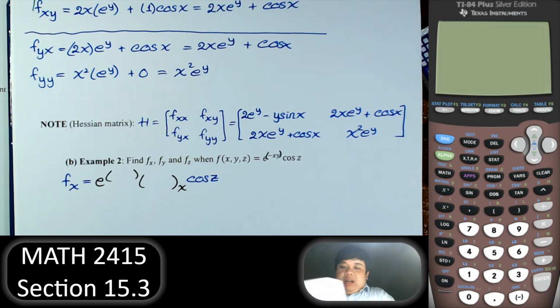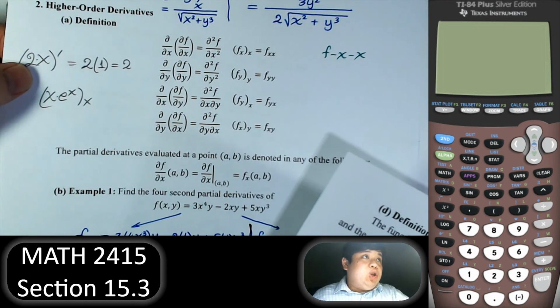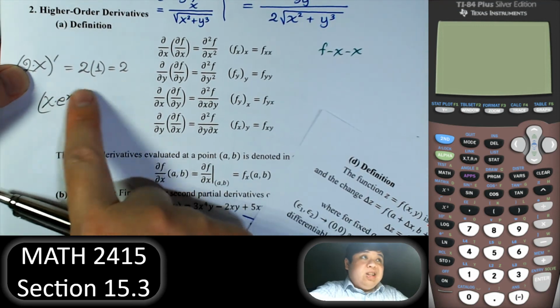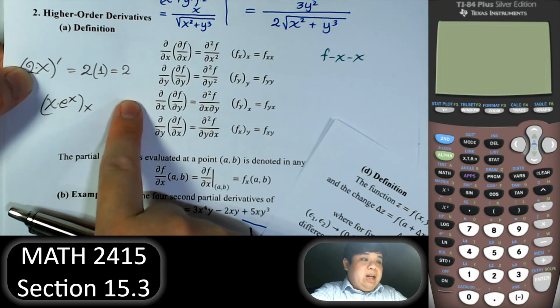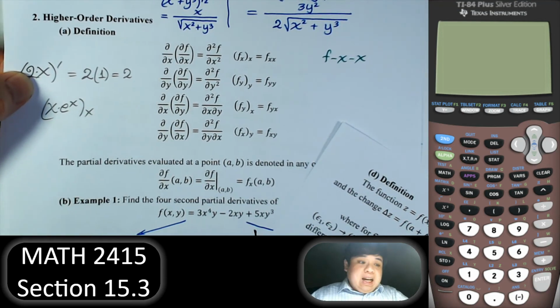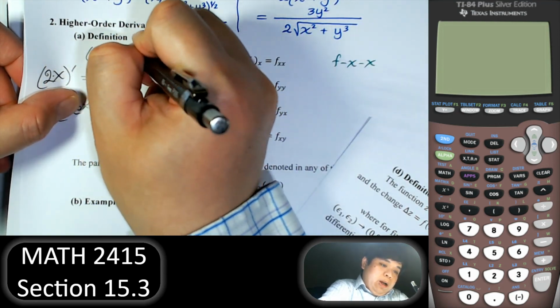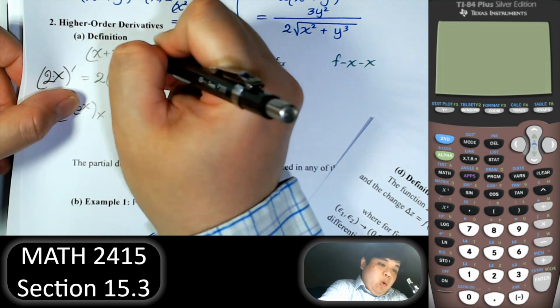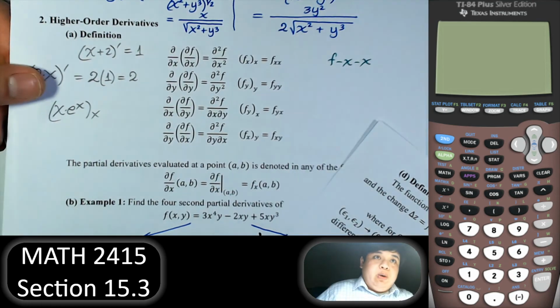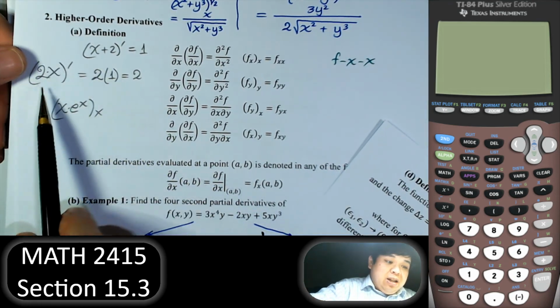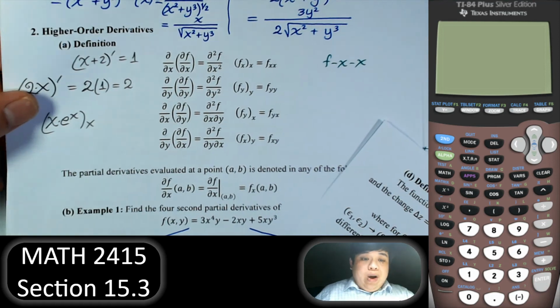And I've mentioned this many times. Derivative of 2x, the 2 will just stay, the constant multiplier will stay. We take derivative of x. That is of course different than derivative of x plus 2. Just take derivative of x, which is 1. Derivative of 2 is constant, 0. So that's different when it's add and when it's multiply.